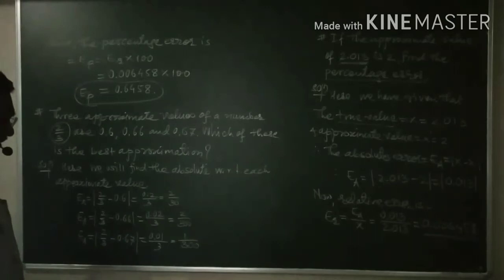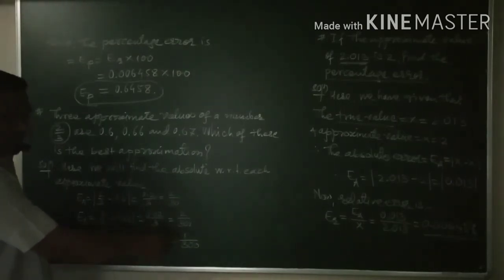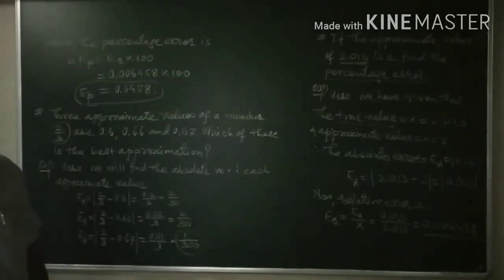Therefore, 2 by 3 minus 0.67 gives 1 over 300, and this value is the minimum one, which has the minimum error.